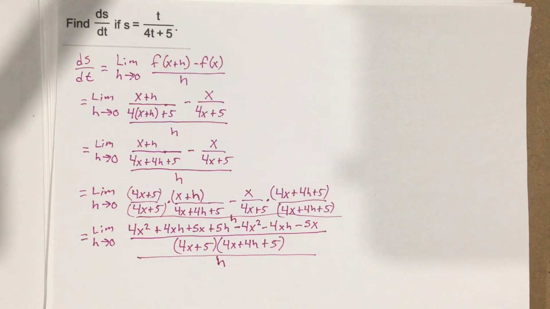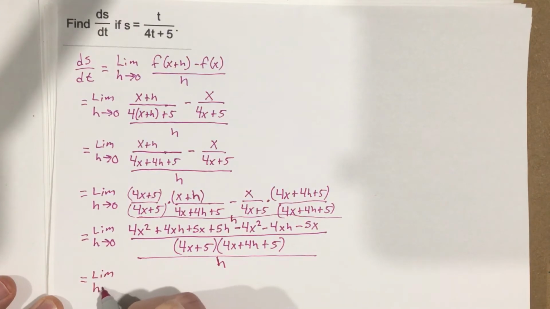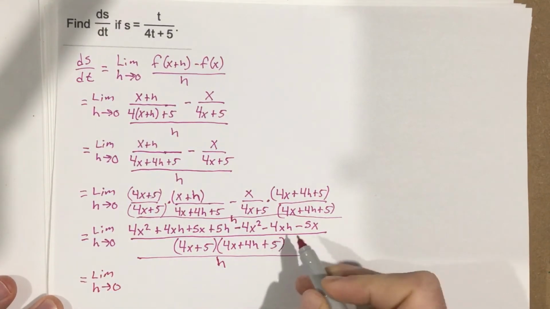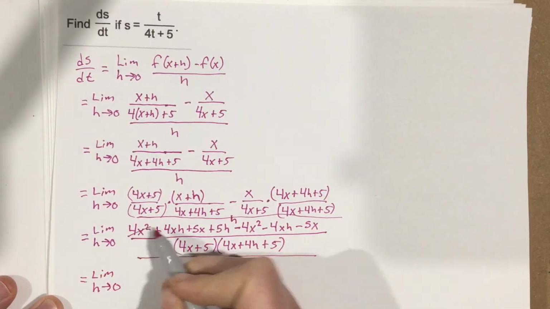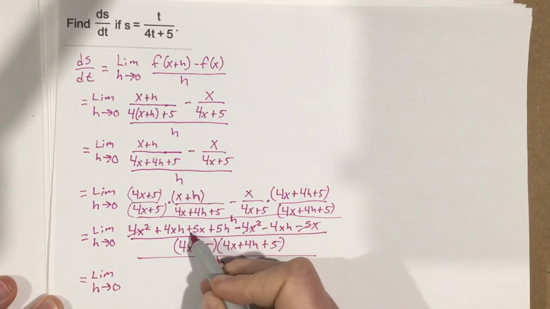All right. Let's go ahead and take the limit as h approaches 0, and let's combine some stuff together. So 4x squared cancels the negative 4x squared. The negative 5x cancels the 5x.